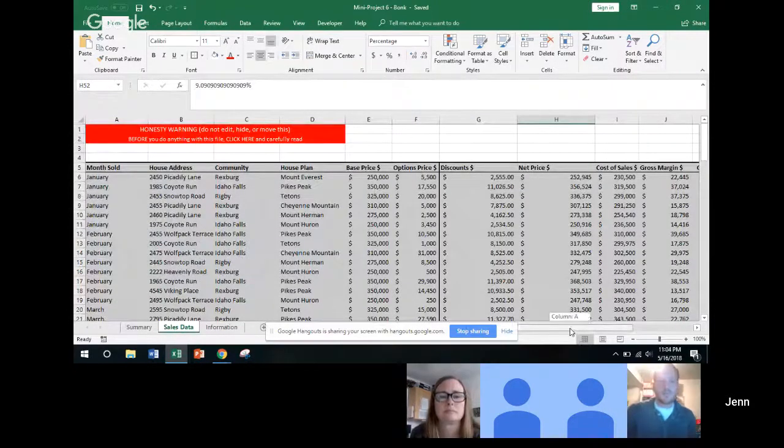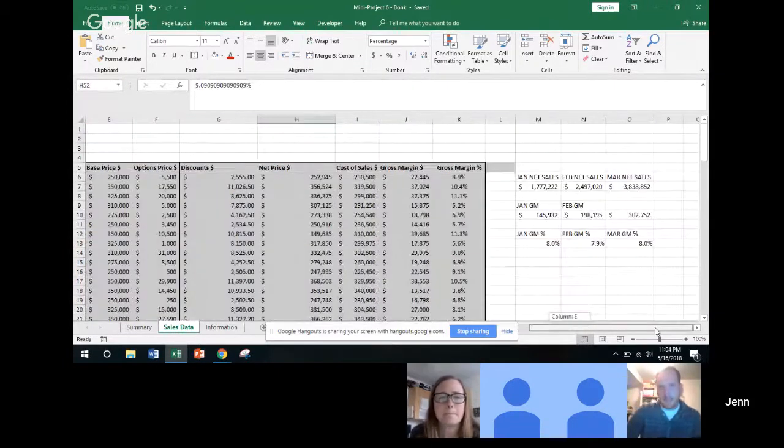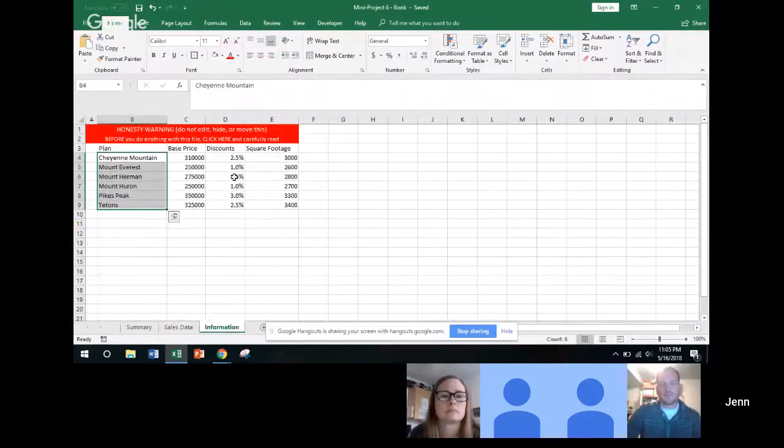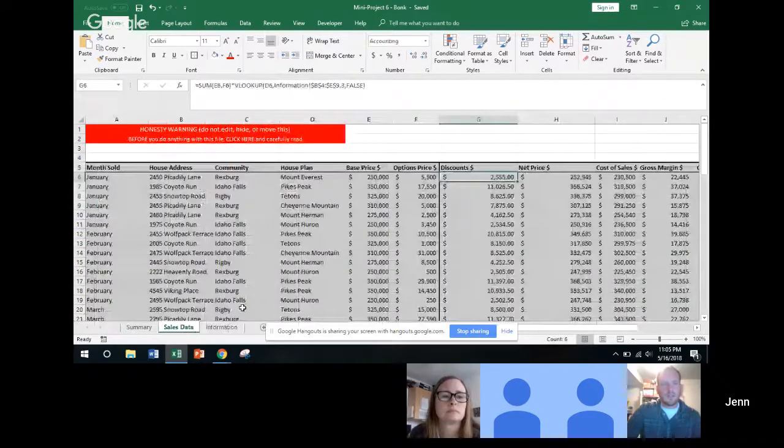Can you guys see this? Yes. Okay. So coming up with all this data was pretty easy. The base price and all of this information was all in this information tab, so I just did the VLOOKUPs to find all of these, which was pretty easy.